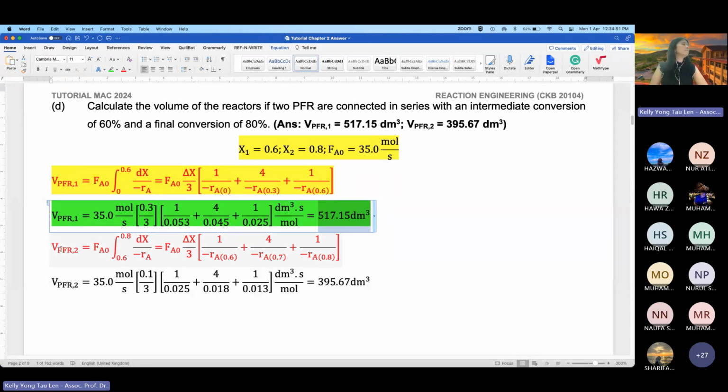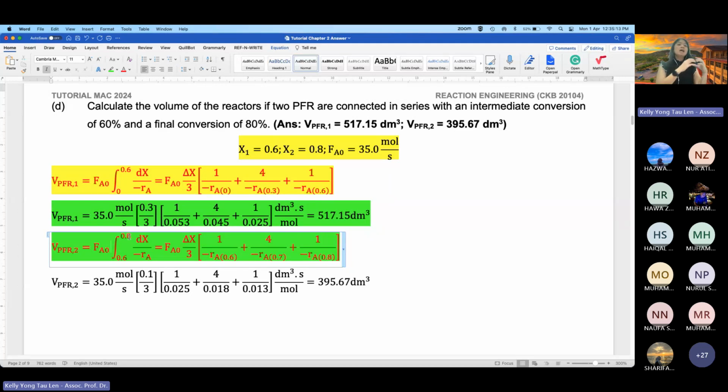So for the second PFR, now the integration will be volume PFR2 equals to FA naught, but now the integration is from 0.6 to 0.8. Again, the integration for the second reactor PFR is now from 0.6 to 0.8 because the second reactor is converting from x1 0.6 to x2 0.8.